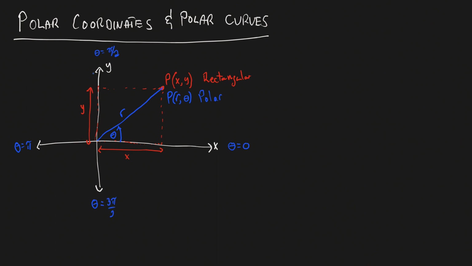And once we've made one full revolution, we end up back at the same position, the positive horizontal axis, but now we would have gone 2 pi radians, right? And you can see, just by making a full revolution, we could have different values of theta that would represent the same point.